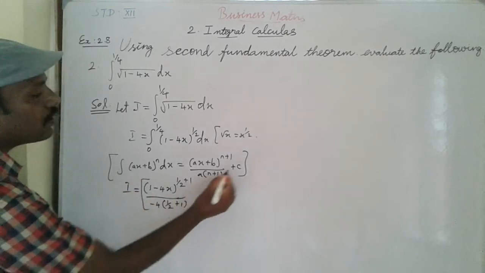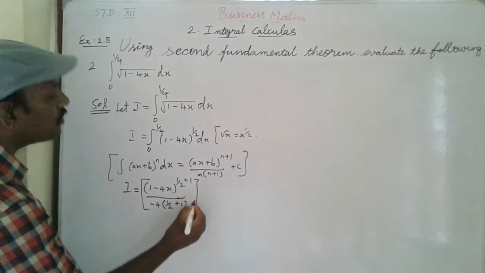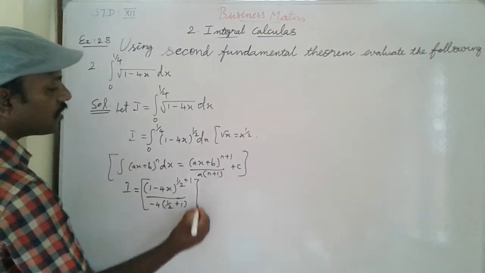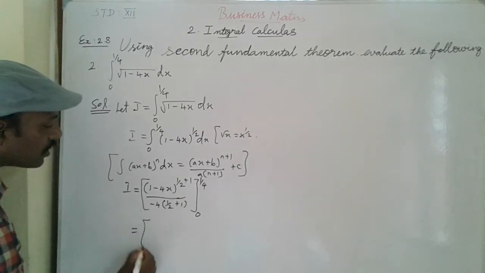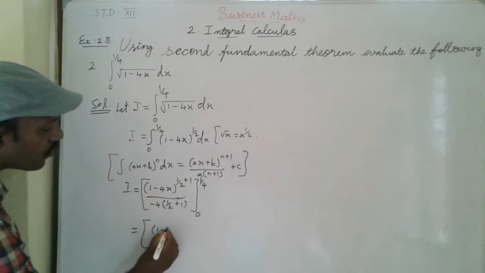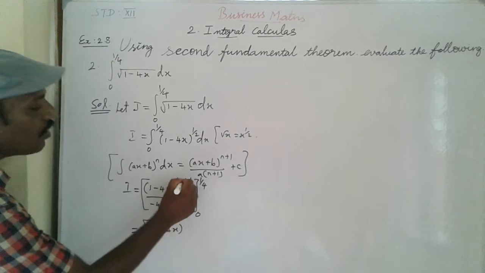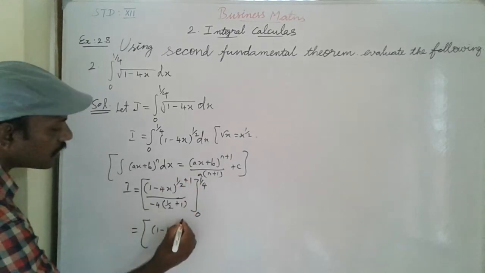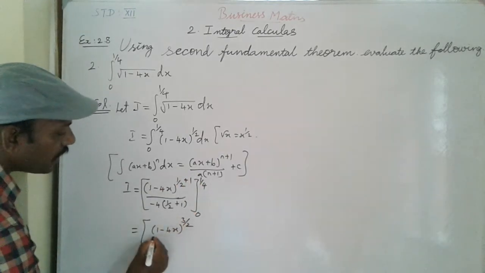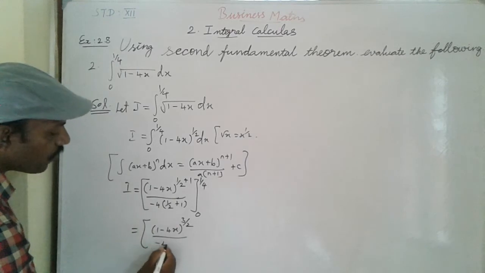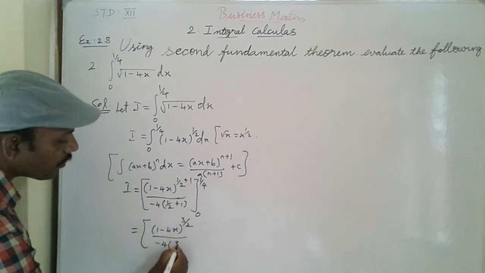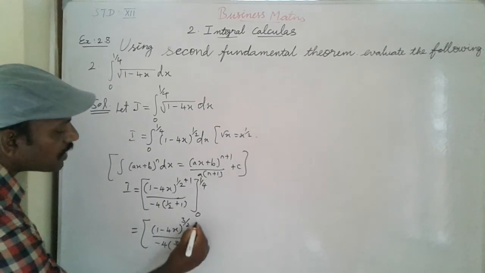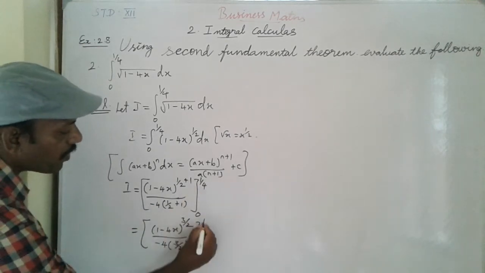Here plus c is a constant, and we substitute the limits to get the constant value. So 1 minus 4x whole power: 1 into 2 is 2, 2 plus 1 is 3, so 3 by 2, divided by minus 4 into 3 by 2, with limits 0 to 1 by 4.